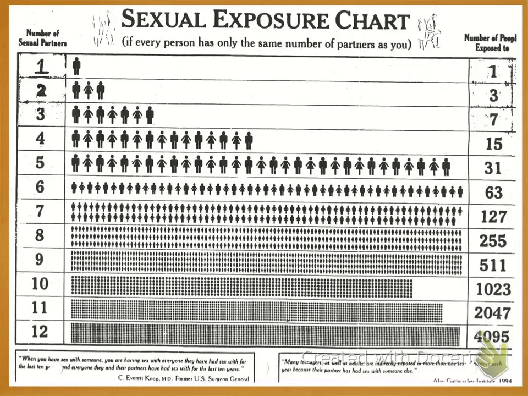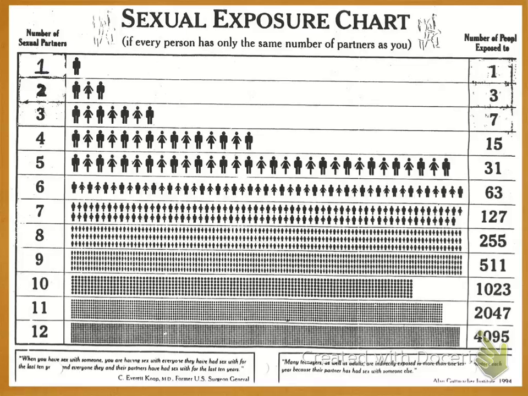If every person has only the same number of partners as you, so if you have one partner, then basically, because when we say exposed, you have to remember that if no protection is used, you're talking body to body.